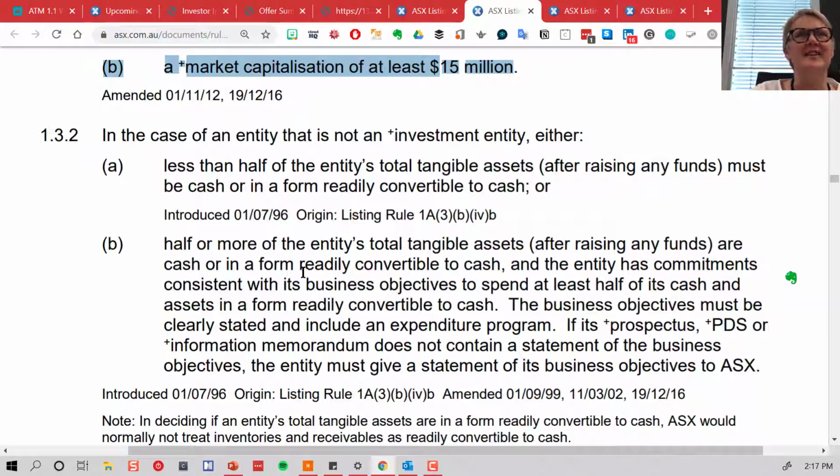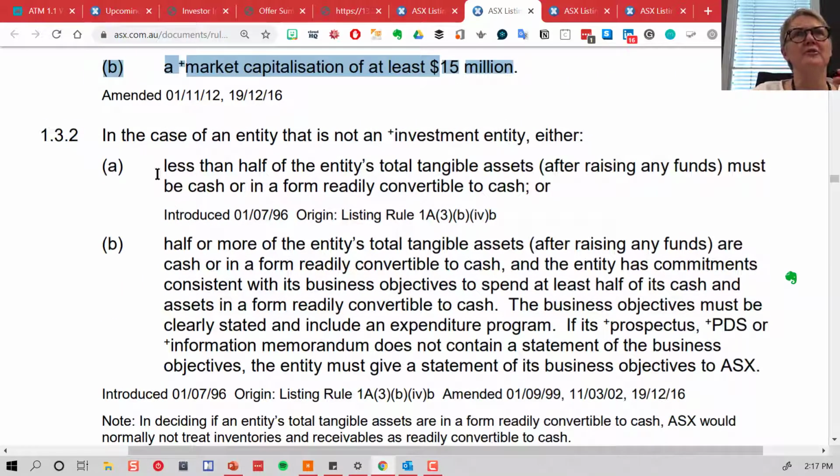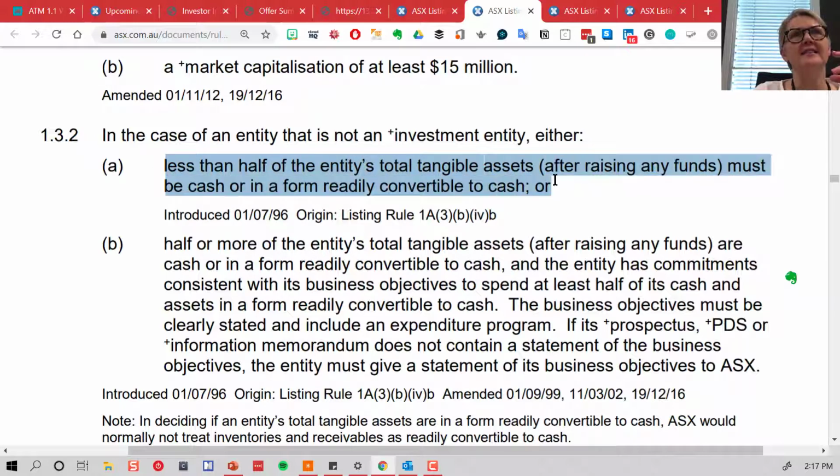So again, we keep going through the rules. You'll see less than half of the entity's total tangible assets must be cash or in a form readily convertible to cash. We basically need to have a plan set out in the prospectus that tells us what we're going to do and what the commitments are for spending that cash.